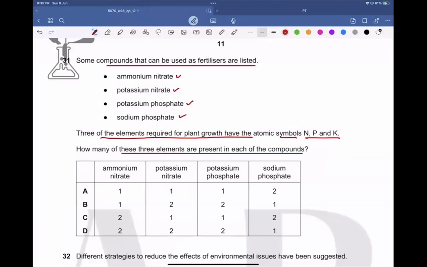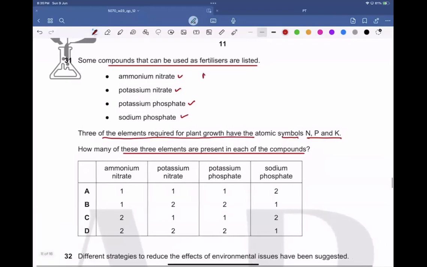In ammonium nitrate, only nitrogen is present, right? So C and D go wrong. In potassium nitrate, it's K and N. So this is correct and this is wrong. So A goes wrong and B is the correct answer. Yes, very good.